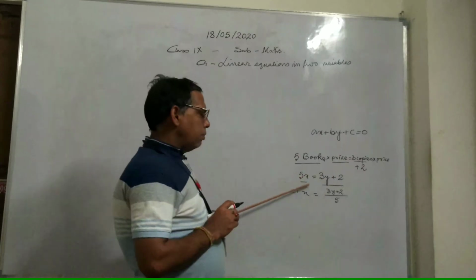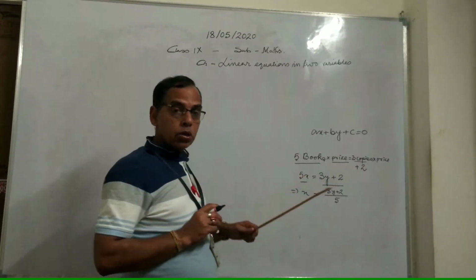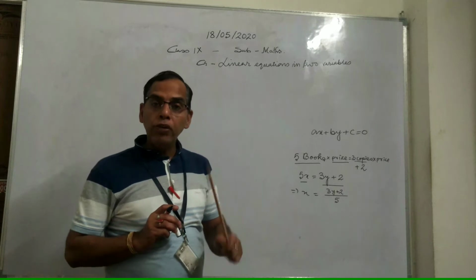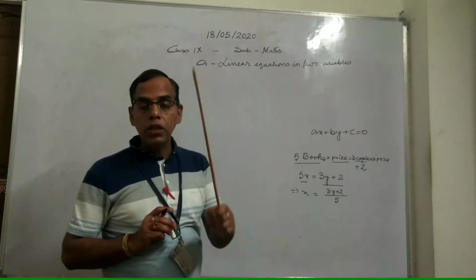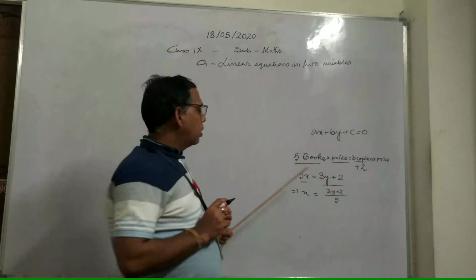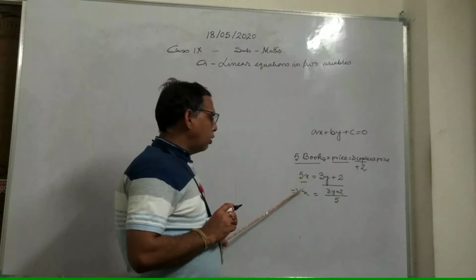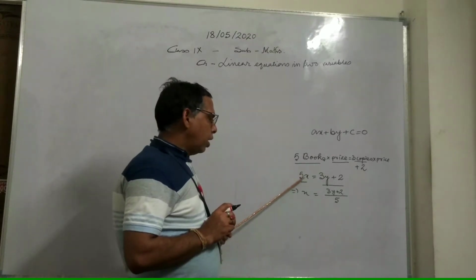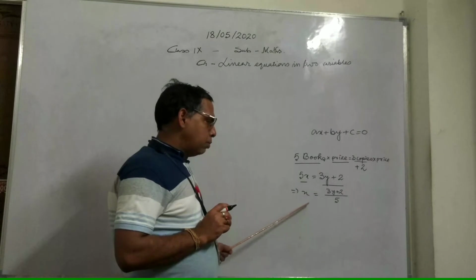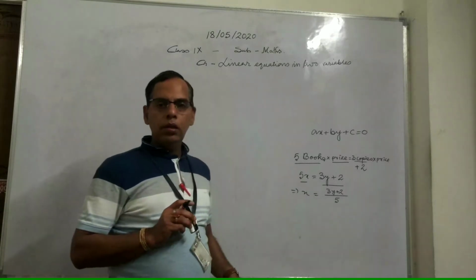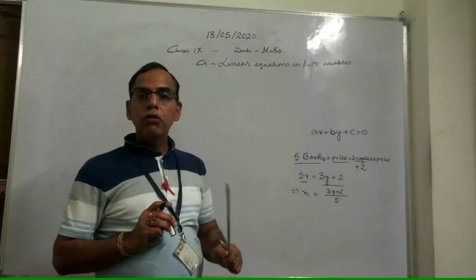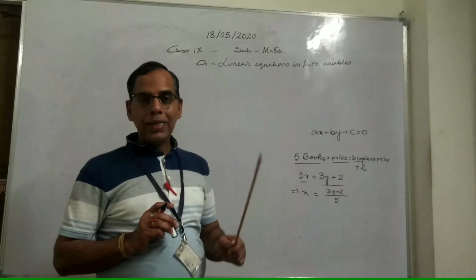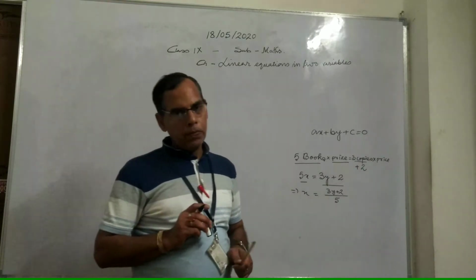Still, before that it was not x alone because the coefficient was here. The coefficient should be 1. So as I converted the coefficient from 5 to 1, that means x is expressed in terms of y.